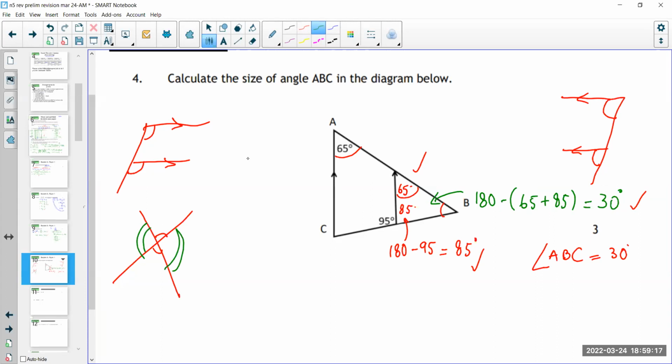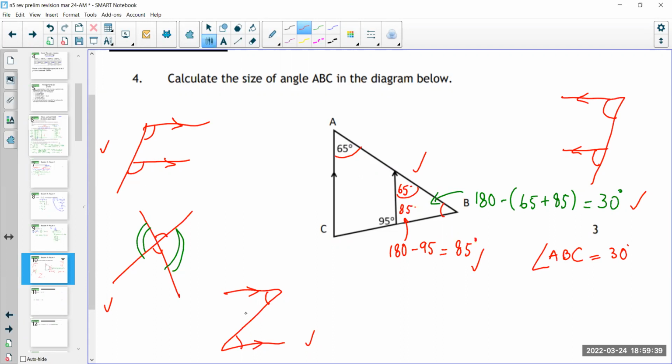What else? Oh, Z, alternate. So three things you need to learn is these. If you got a Z here, these two lines are parallel. This angle on the knee is the same as this angle on that knee. Three things, National 4, or I should say S1.